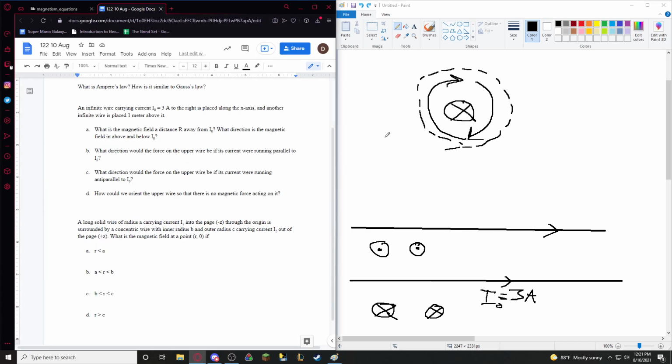And then if the wire were anti-parallel, so the current was traveling against the first wire, the force would be opposite. Exactly, the force would be up. So how could we orient this upper wire so there was zero force?